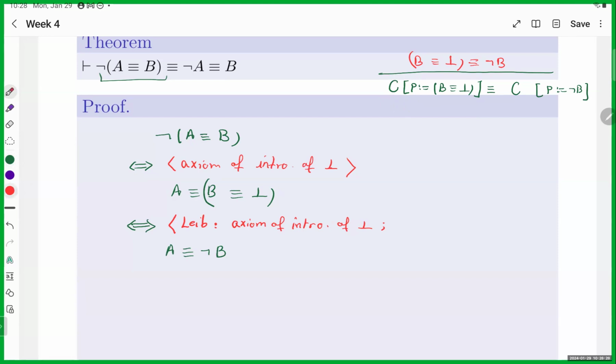If your C is A is equivalent to P, now look at the substitution. In the formula A is equivalent to P, substitute P with B equivalent to bottom. So what do I get? A is equivalent to B equivalent to bottom. And what do I get here? In the formula A is equivalent to P, just replace P with negation of bottom. What do I get?